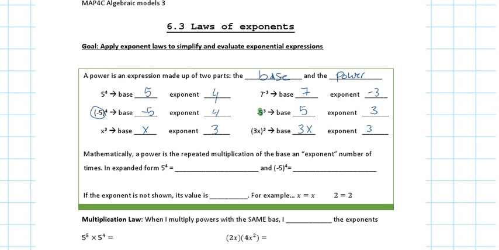So it's important to know when to put the brackets and when not to put the brackets. Okay? Especially when you have even exponents. Right? Because this and this will not give you the same answer. What's the difference?